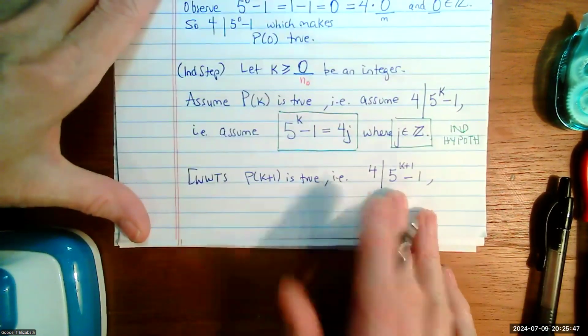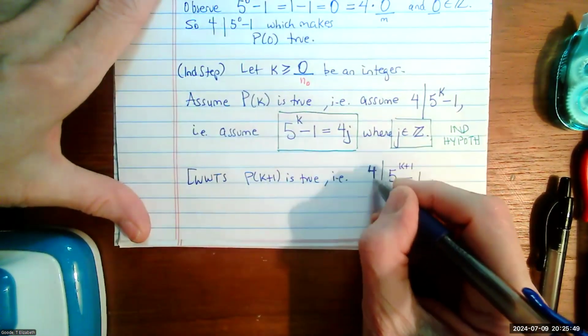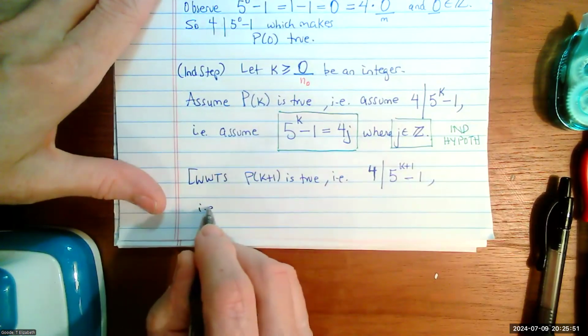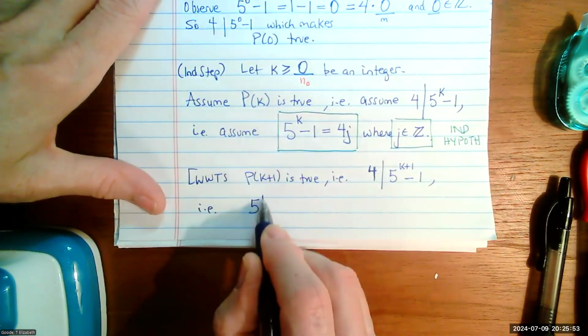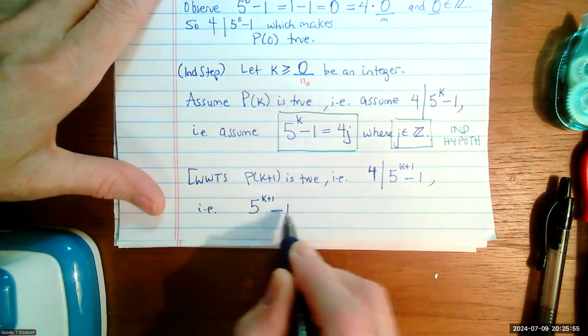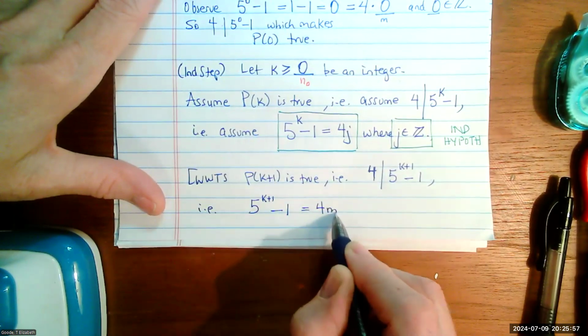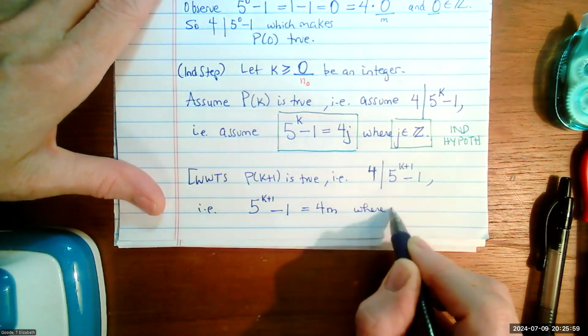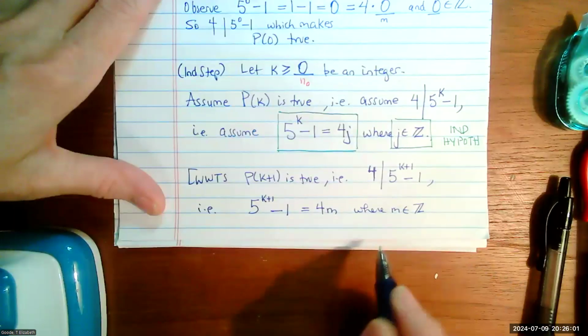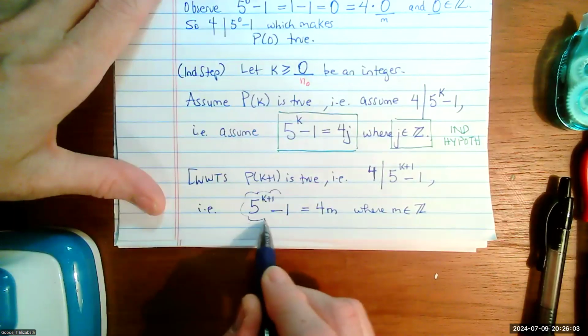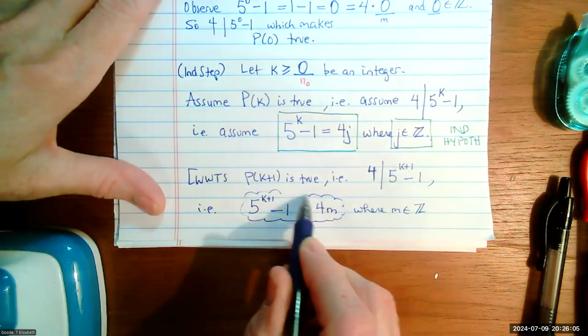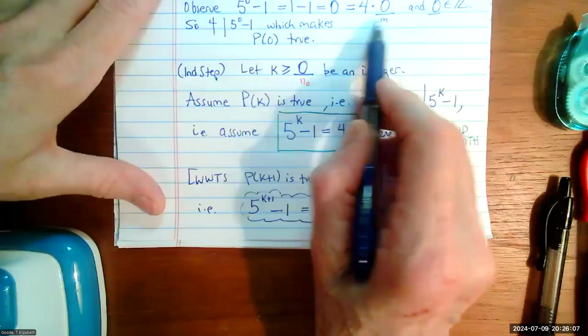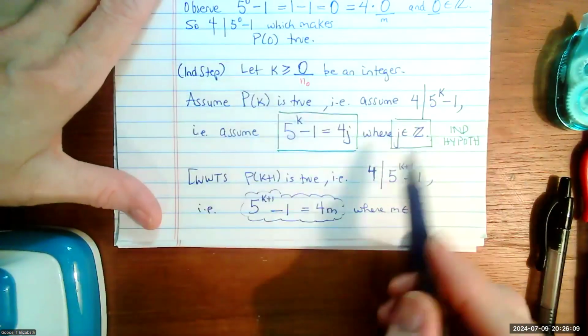But you know what? We're going to just take that a step further because it's about divides. Always dogs is here. It's 5 to the K plus 1, whole thing minus 1, is equal to 4 times M, where M is in Z. See, this is our wish now. We can recycle M. We only used it sort of as a placeholder there.